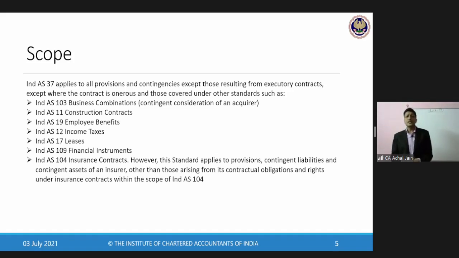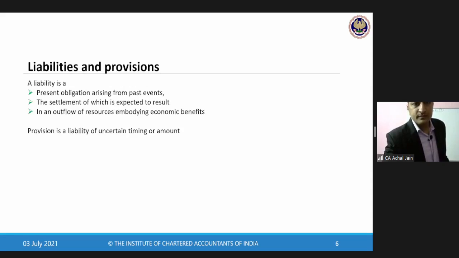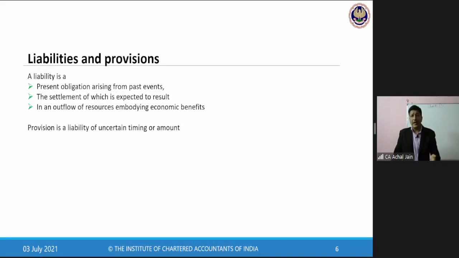Yes, these are some of the things which are excluded from the standard. And as we talked about, a provision is similar to a liability, but wherein the timing or the amount is not certain.